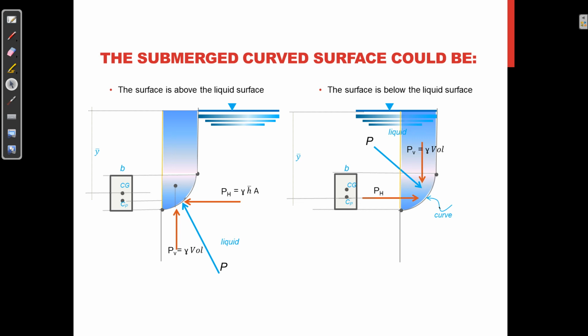So this is where our vertical component is concentrated. And then finally, we get the value of P by the square root of the sum of the squares of your components. And then just the same, this distance is e. So e is the distance between the center of gravity and the center of pressure.